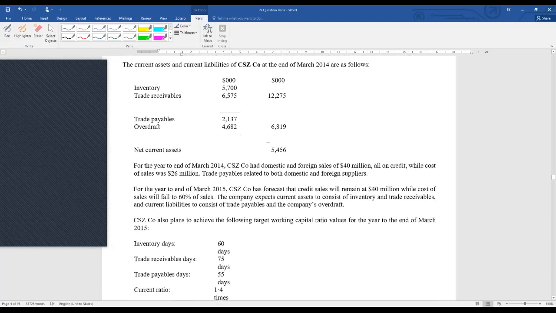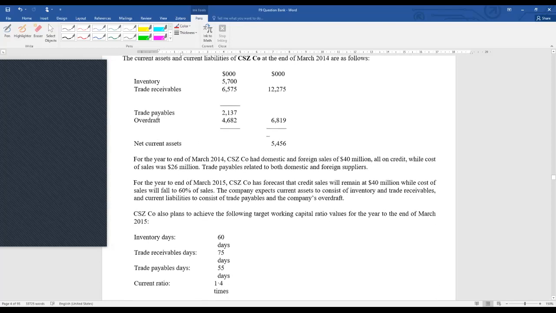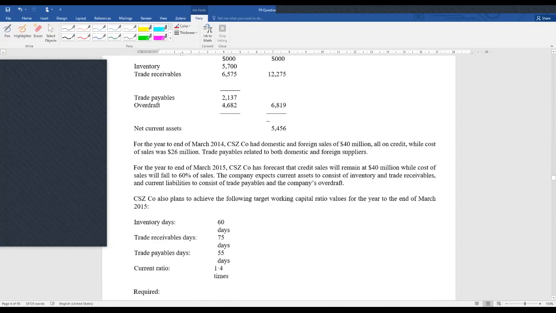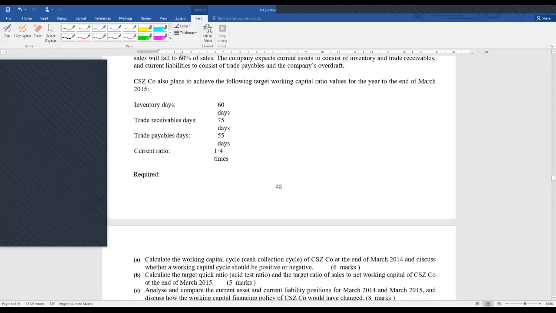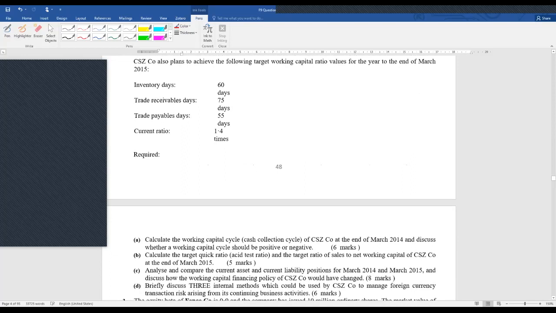Page 48, a company called CSZ Company. I propose that we have done part A together. I think we did this one.